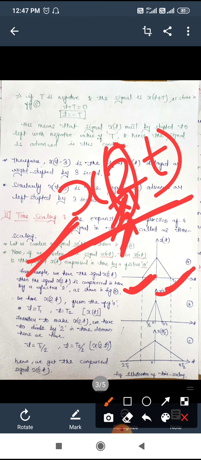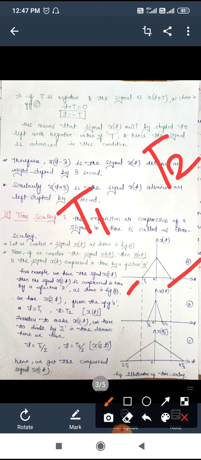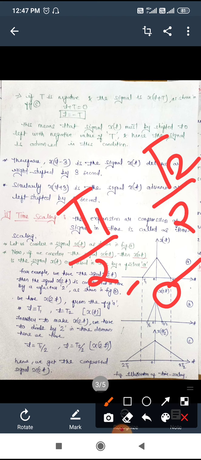Here, as x of 2t has the scaling factor 2, we have to divide t1 and t2, the time values of x(t), by 2 in order to make this signal x of 2t.